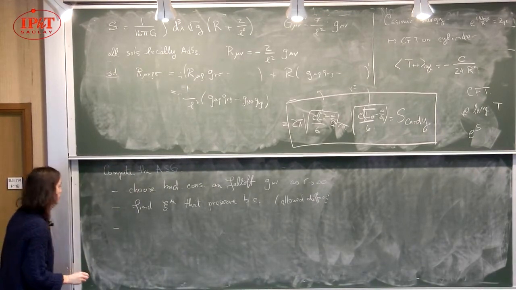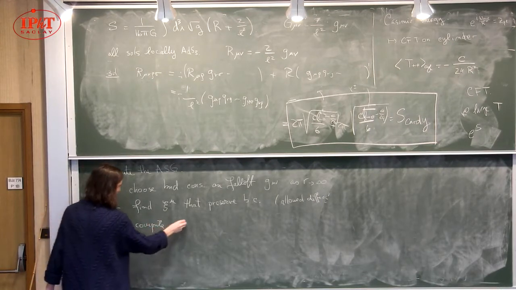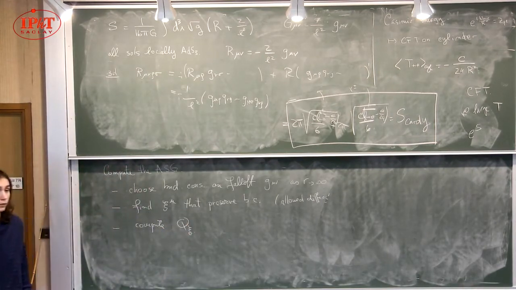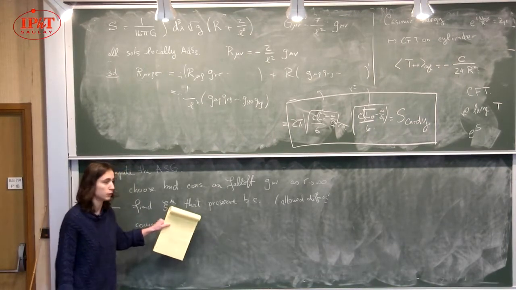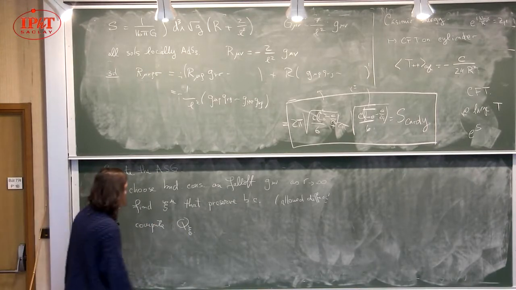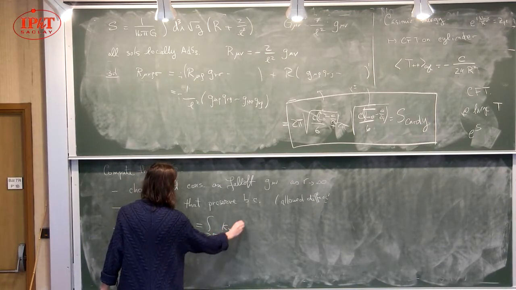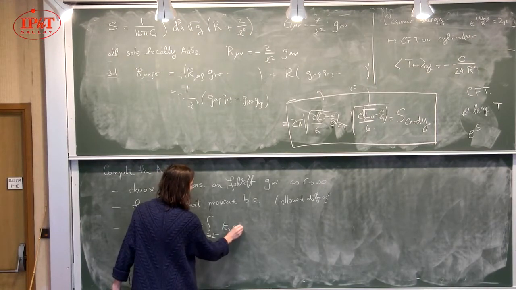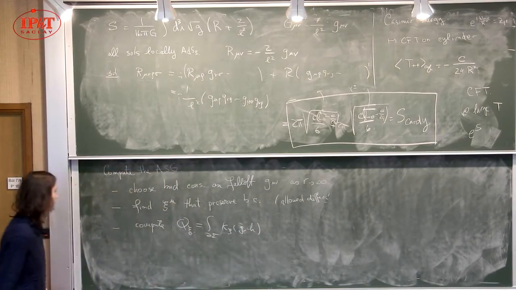And then the next step was to compute the charges associated with these diffeomorphisms. In the first lecture, I gave you a full formalism for computing these charges. These were integrals over the boundary of the spacetime of some appropriate quantity, which depends on the background metric, g-bar, and the metric perturbation, something like that.